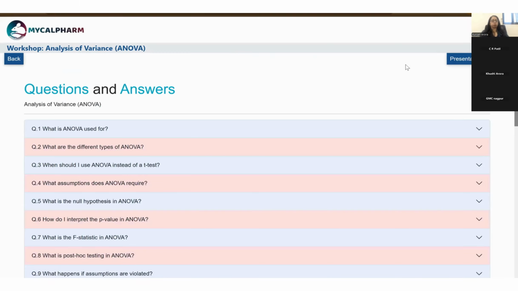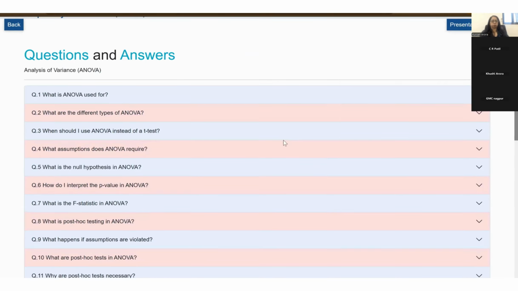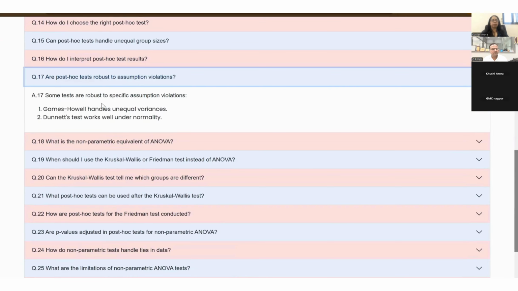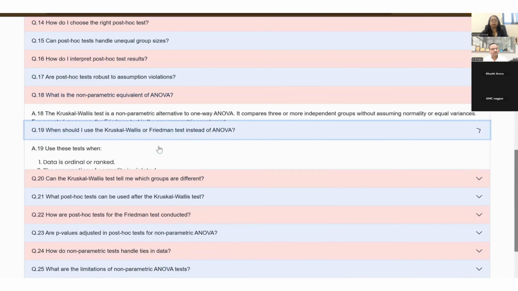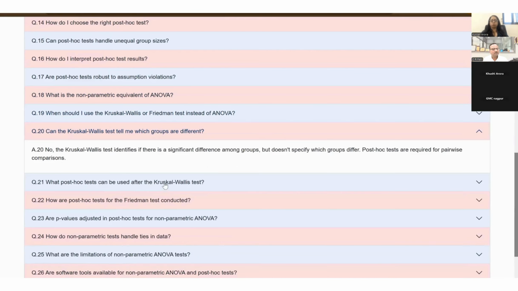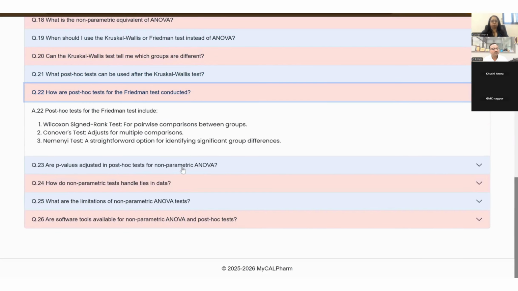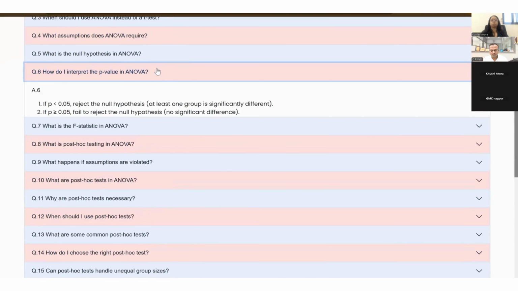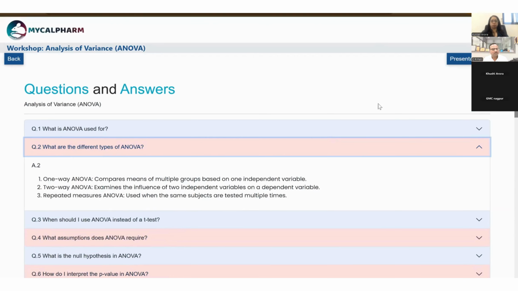Then we have the question and answer round. These are all the questions with the correct answers. So whenever the students are working on this particular workshop, they can access the ANOVA questions, and the complete topic will be covered.